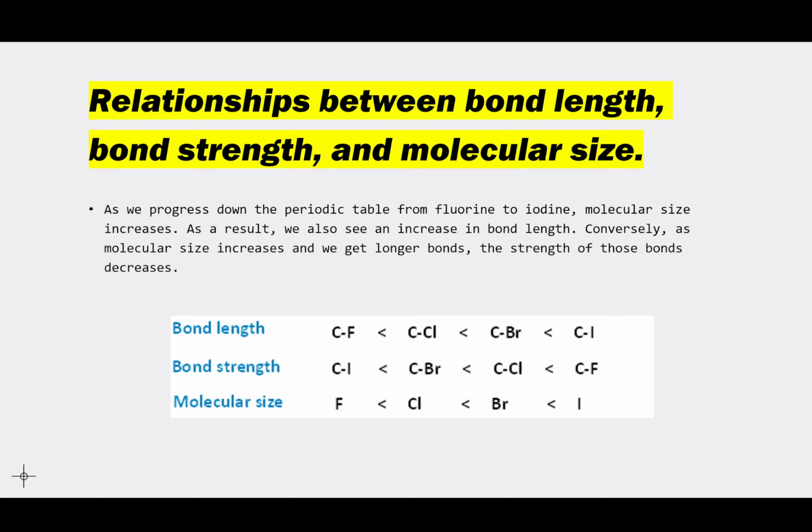Also, the bond length increases, because the atomic radius of the halogen increases, right? And the longer the bond, the weaker the bond strength.